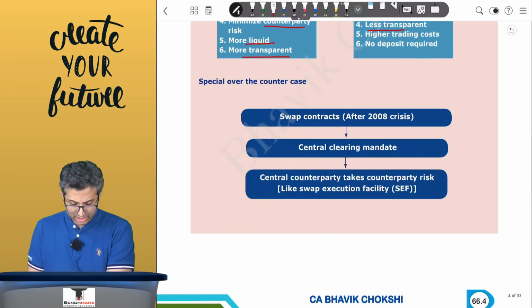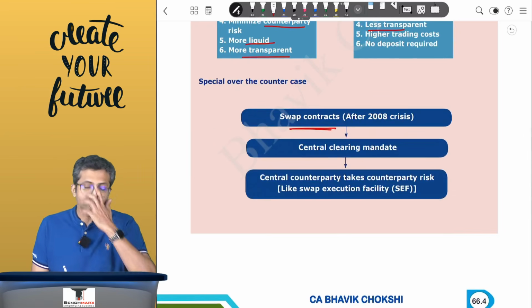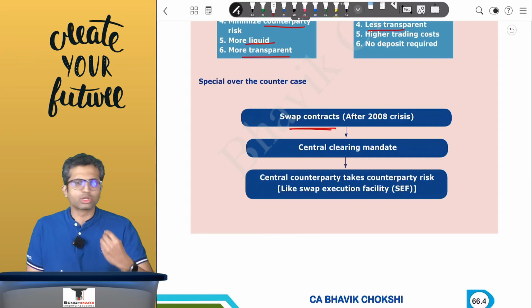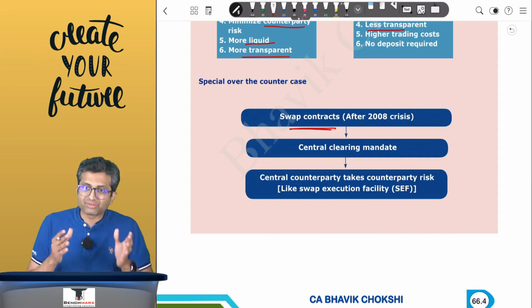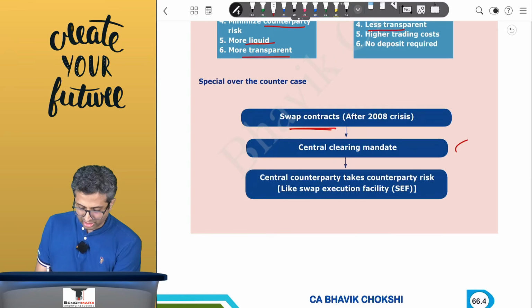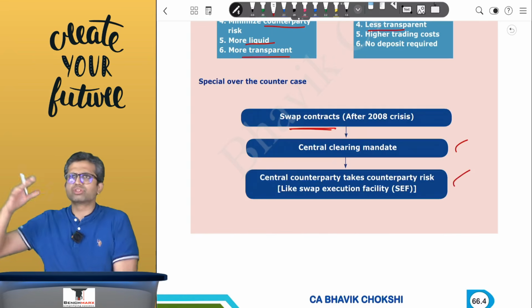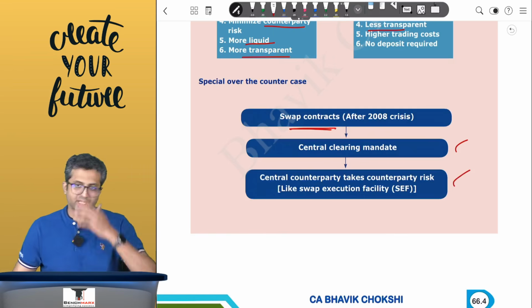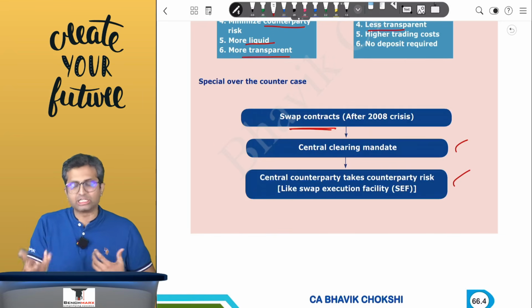There's a special over-the-counter case, especially of a swap contract, which created a lot of problems during the global financial crisis of 2008, and hence internationally it was agreed to have a centralized clearing party in case of swaps. So there's a central clearing mandate which will result in a central counterparty which has to exist, because swaps are largely over-the-counter products, and hence there's no party which can guarantee the settlement.